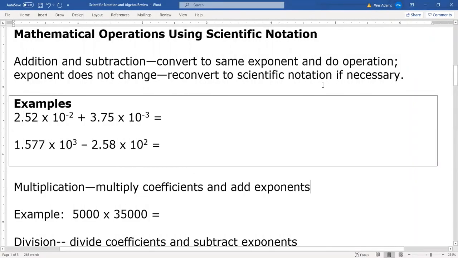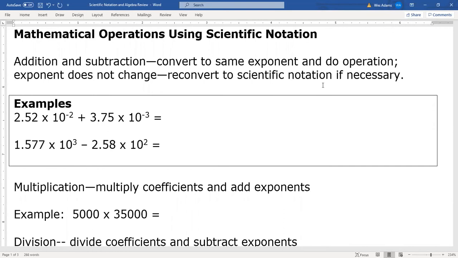Okay, let's talk a little bit about mathematical operations using scientific notation. If we've got addition and subtraction, it's a little bit more difficult because you're not necessarily adding or subtracting the same places because you've got powers of 10.